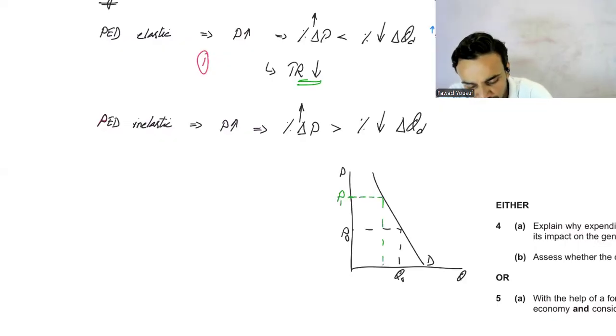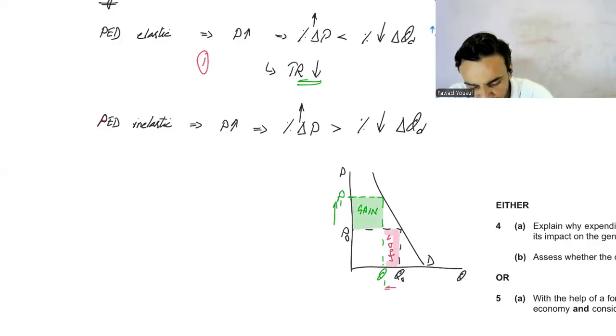But if the price rises, we can clearly see that the gain that we're getting is greater than the loss of quantity fall, na? So there's more gain. This is my gain area. The gain area is more than the loss.